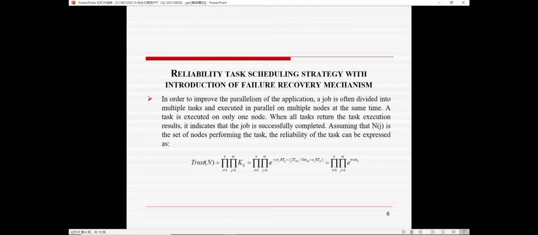When all tasks return the task execution result, it indicates that the job is successfully completed. Assuming NJ is the set of nodes performing the task, the reliability of the task can be expressed in this form.